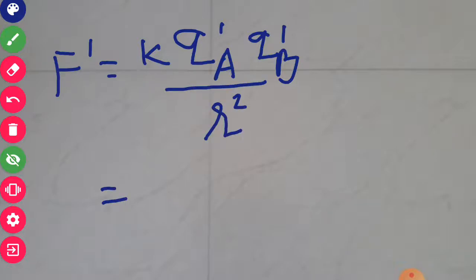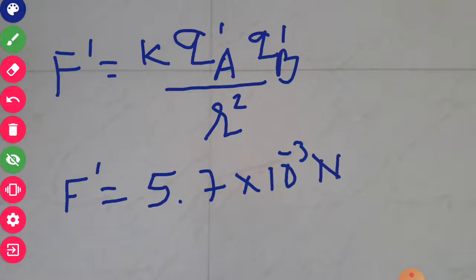So now you just have to place these values of QA prime, QB prime, K, and R, the distance, that is 50 centimeter, which has to be converted into meter. So 50 into 10 raised to minus 2 you have to take. So the new force, if you place these values and simplify, then you will get 5.7 into 10 to the power minus 3 Newton.